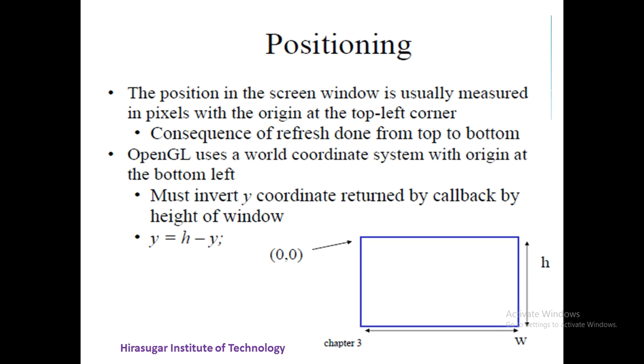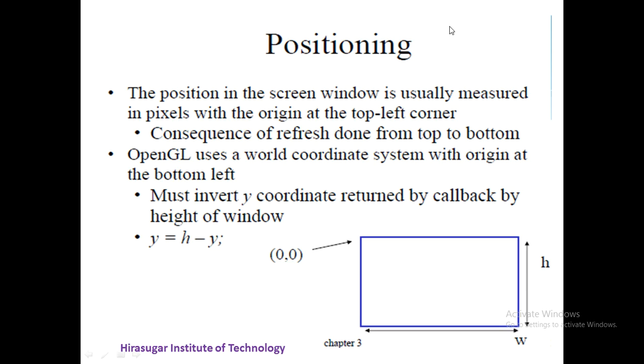Whenever you press a mouse button, your operating system returns the values of the mouse position with respect to the top left corner origin. But OpenGL counts with respect to the bottom left corner.